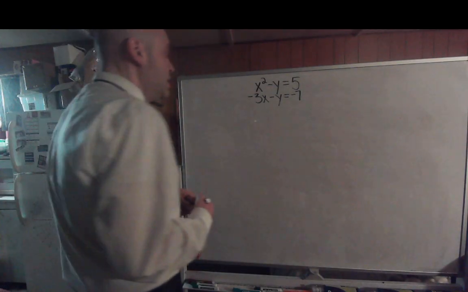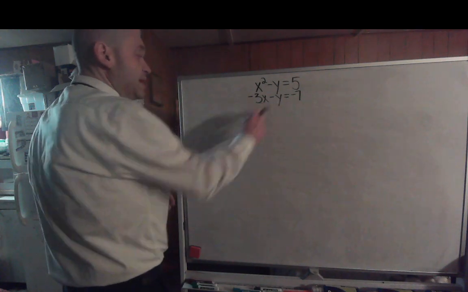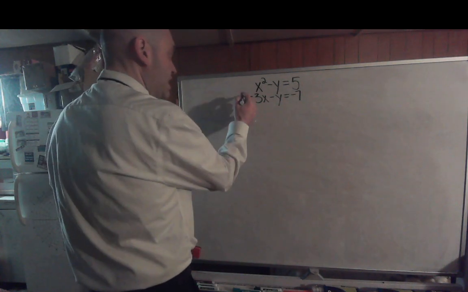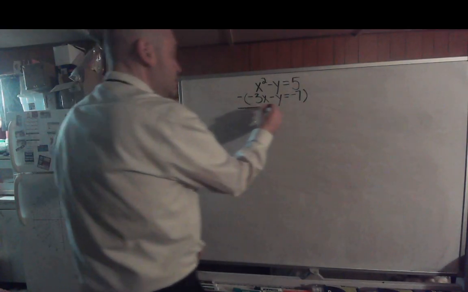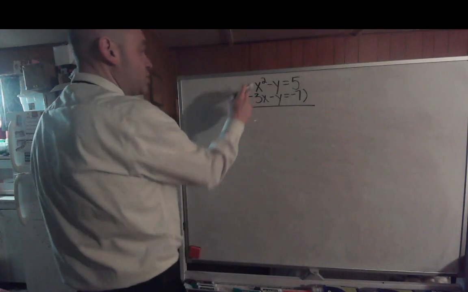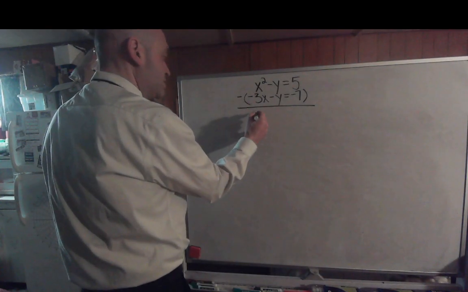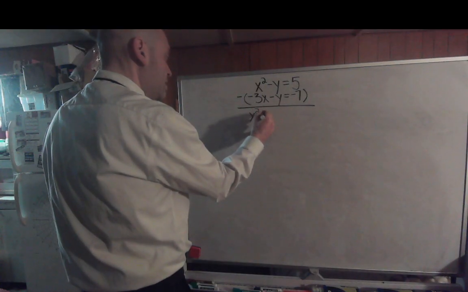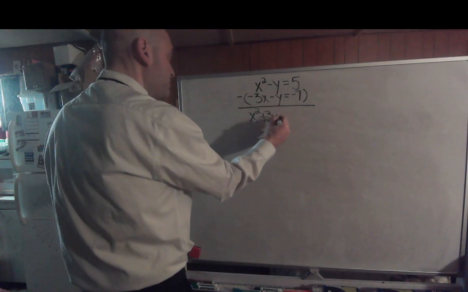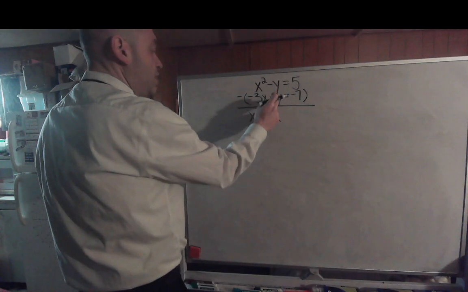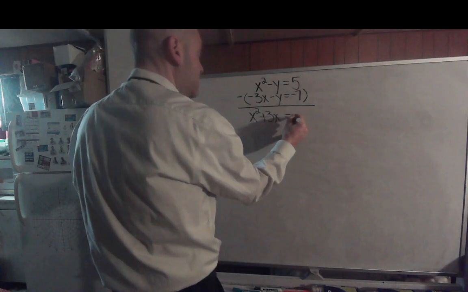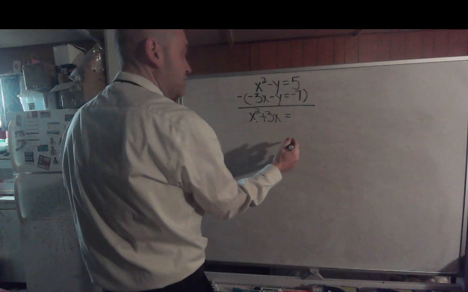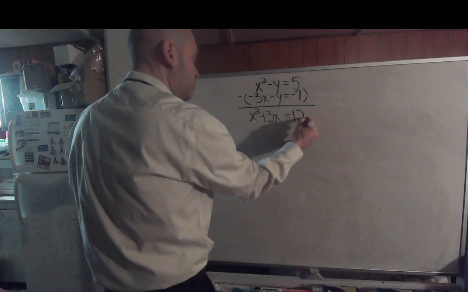So it looks like we can eliminate the y variable if we subtract the second equation from the first, right? So if we do that, you'll get x squared minus negative 3x, which would turn into x squared plus 3x. And then negative y minus negative y, well, that'll cancel out the y. And 5 minus negative 7 will turn into 5 plus 7, which is 12.